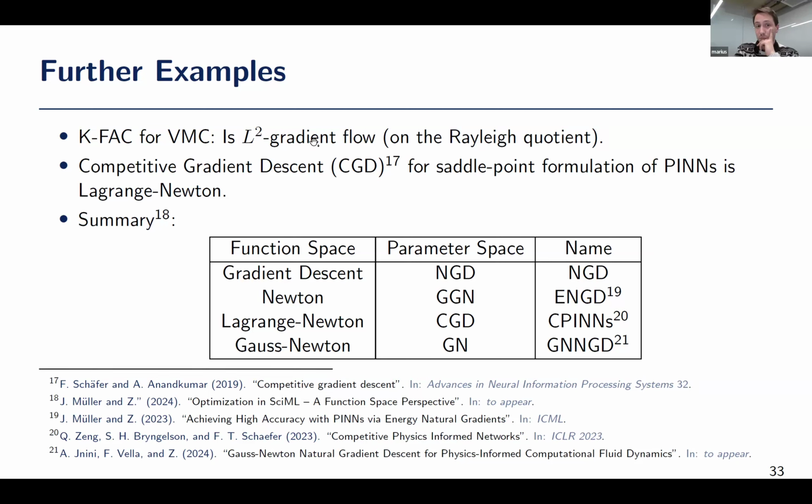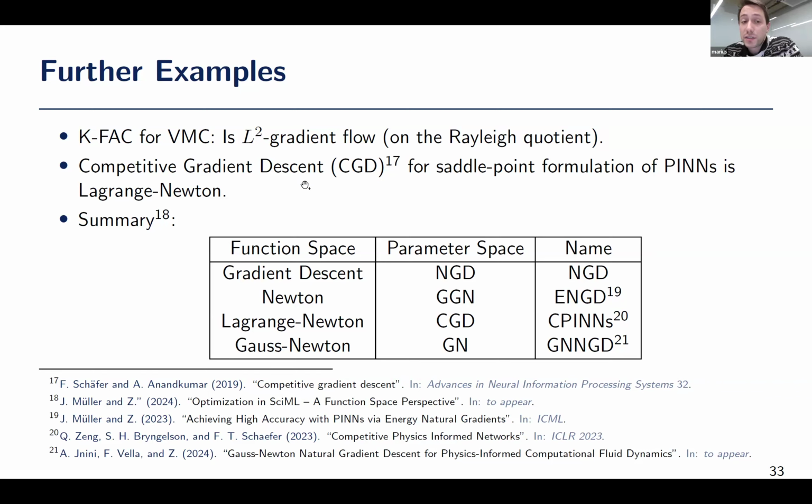And then there's also recent work by a group at Georgia Tech on a reformulation of PINNs in terms of a saddle point problem, where they use CGD, so competitive gradient descent, which is a second order method, to solve that saddle point problem.